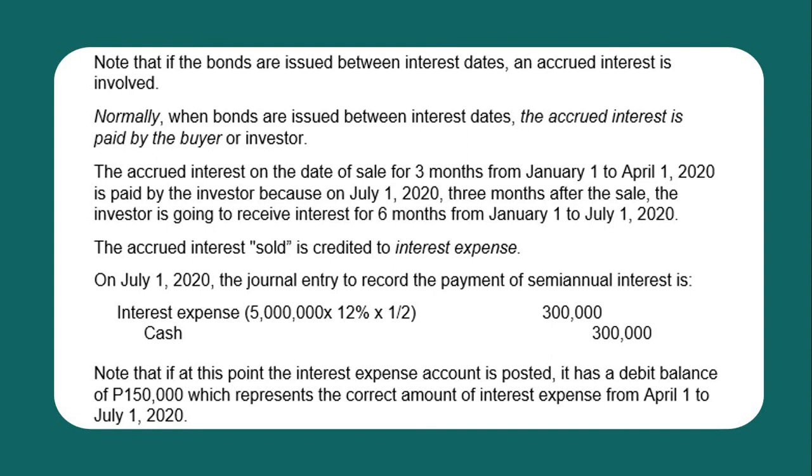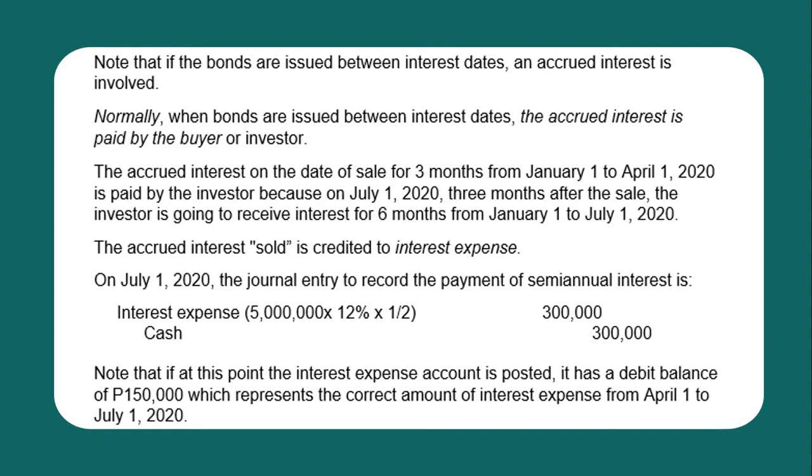Why is the full interest paid by the issuing entity to the investor? This accounting procedure is for convenience and also for traceability for both the issuing entity and the investor.